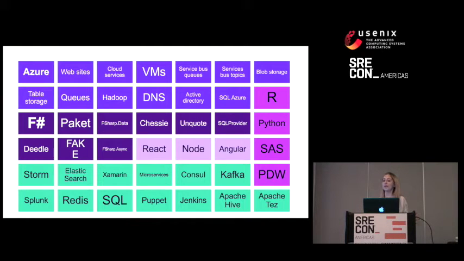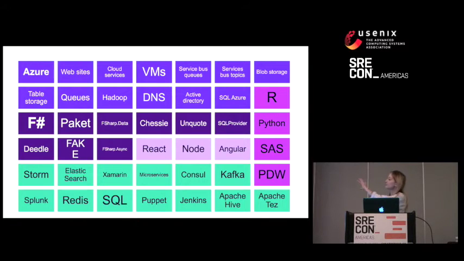I would say almost 90% of microservices were actually written in F#. R and Python for data science needs, Azure Blob Storage, SQL Azure, and React, Node and Angular on the front end. So again, with so much going on, you naturally forget.